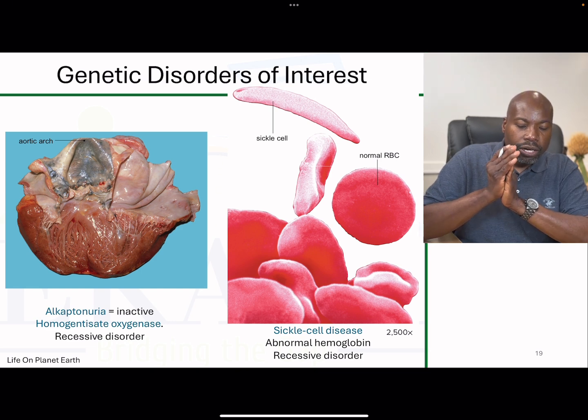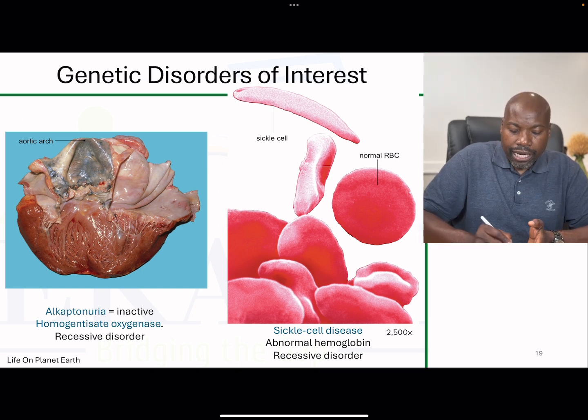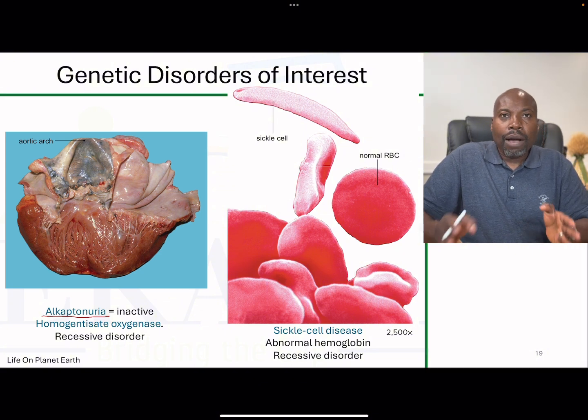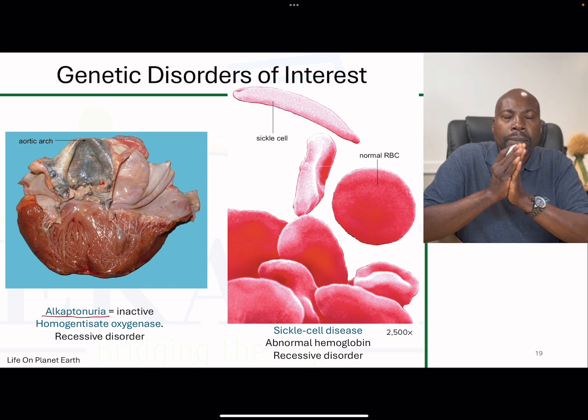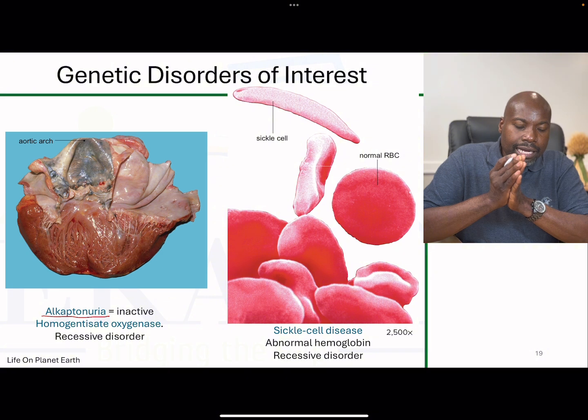Another disorder is alkaptonuria. Alkaptonuria is when our body is not able to properly process a particular amino acid in our system, that is phenylalanine, right? There is also another amino acid that we cannot process properly.